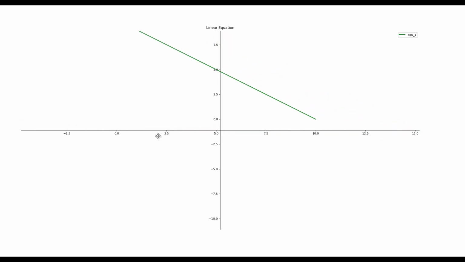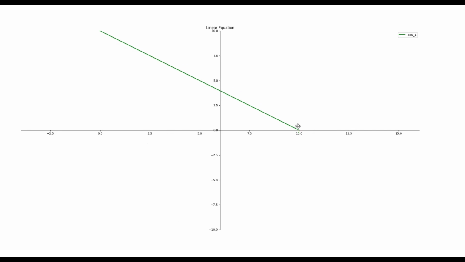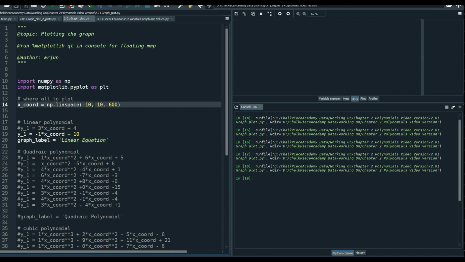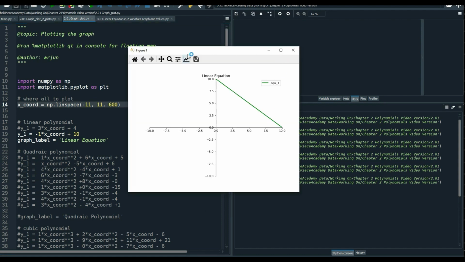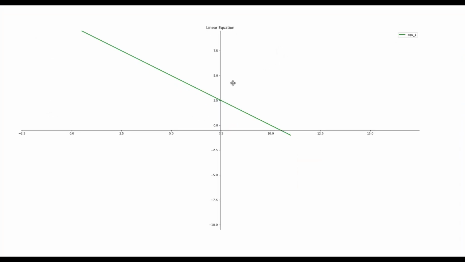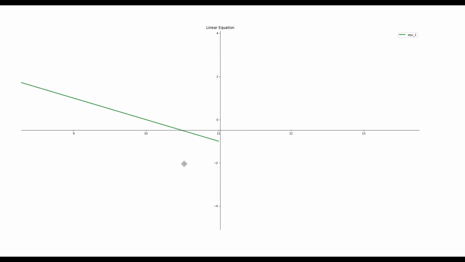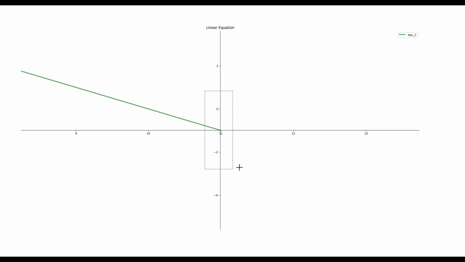To understand 11 comma minus 1, my graph does not permit that. Let us make it so. I need to change this. That's good enough, I guess. So now let's see this. Yes, we have 11. For that, we need to zoom in. And we have 1 over there, but yeah, minus 1, for that we need to zoom in this way.